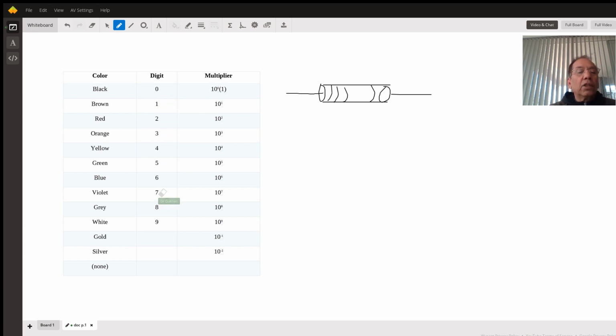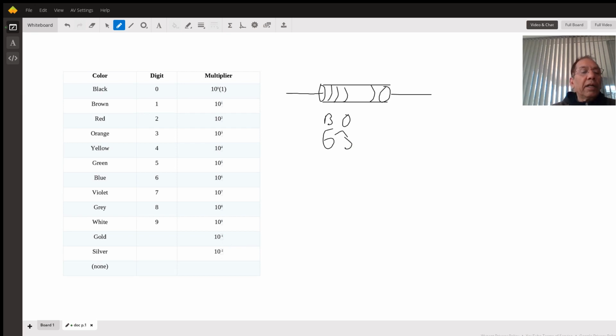And white is 9. So if the first line is blue, the color code for this is 6. Then the second line is also a digit, and let's say the second line is orange. Then orange corresponds to 3. And then the third line corresponds to the multiplier.